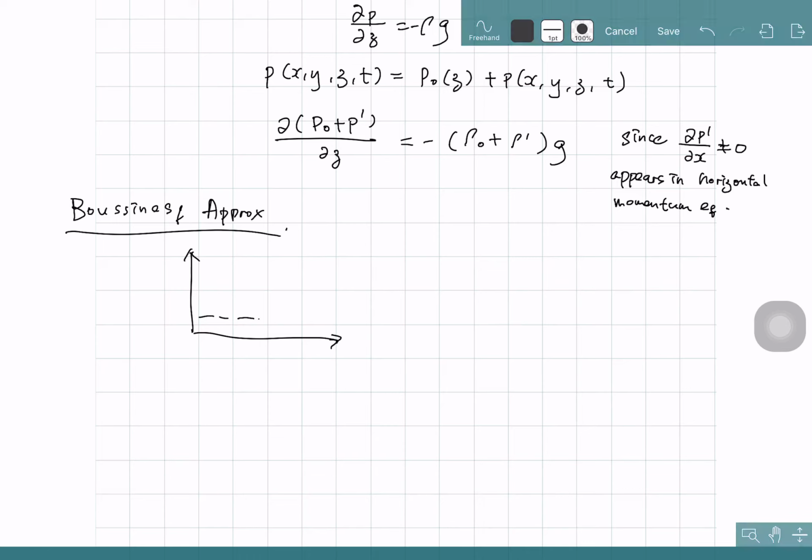It also works for a shallow layer because you already assume that it's incompressible, right? We assume that rho equals rho naught everywhere.